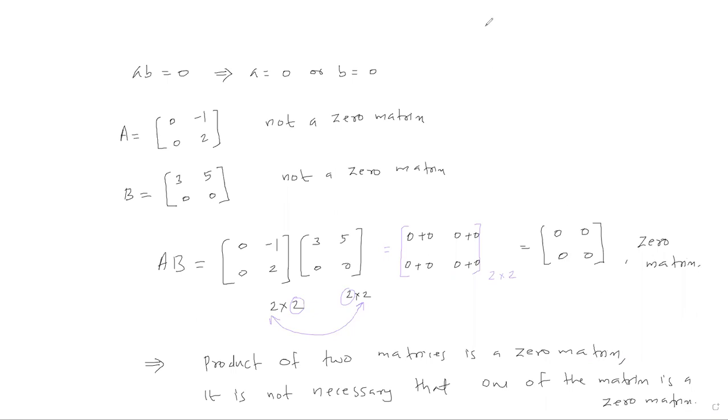Okay, so if one of the matrices is 0 then पक्का it will be 0, there is no doubt in that. क्योंकि A मैट्रिक्स के अंदर हर एक एलिमेंट 0 है, तो आप मल्टीप्लाई करेंगे तो आपको क्या मिलेगा? फर्स्ट रो एनीवे 0 ही मिलेगा. ठीक है, बट प्रोडक्ट ऑफ टू मैट्रिसेस इज 0, इट इज नॉट नेसेसरी दैट उसमें से कोई एक मैट्रिक्स 0 होना चाहिए करके नहीं है.